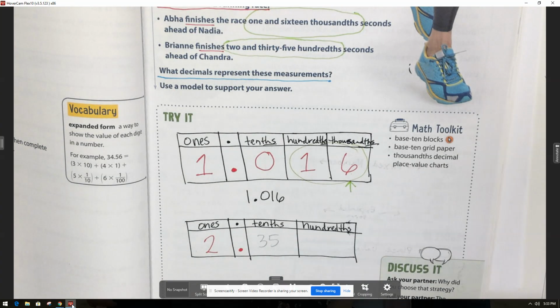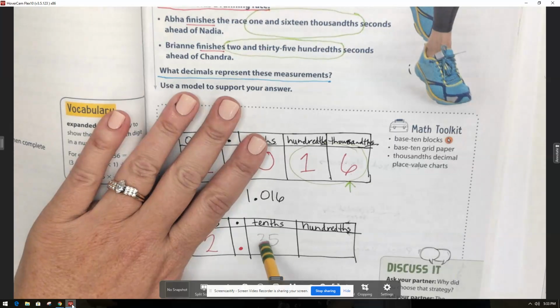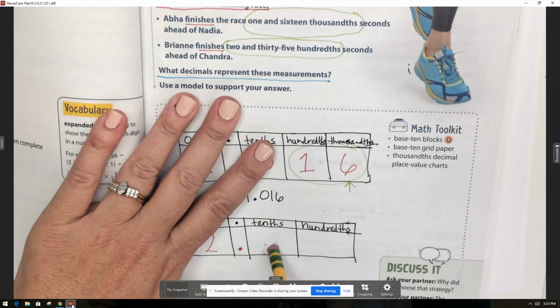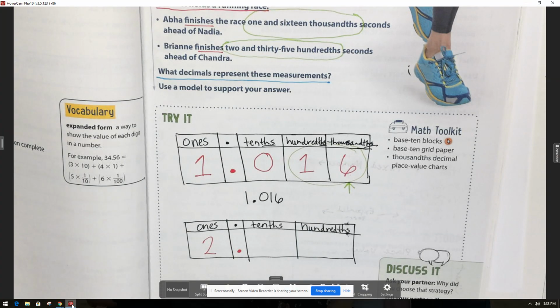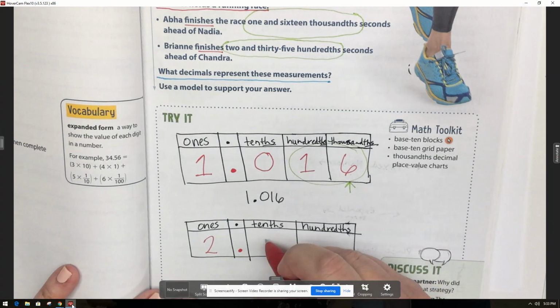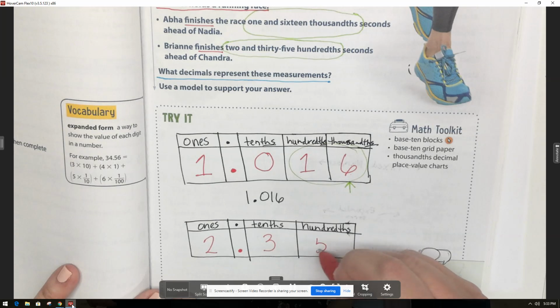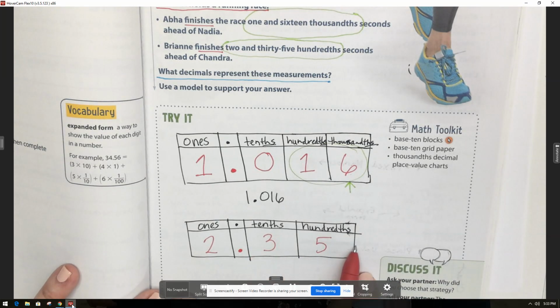No, because you can't put more than one number in a place value. This would be a tenth and it just doesn't work that way. Or if you said 35 tenths, that would be a lot more than 35 hundredths. So we're going to put the 3 and the 5 for 35.